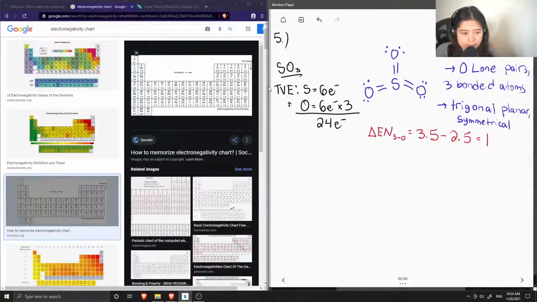This tells us that the bond is polar, because our electronegativity difference is greater than 0.4 but less than 1.69.